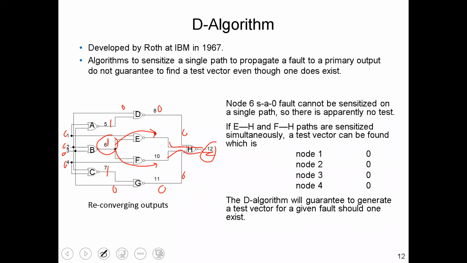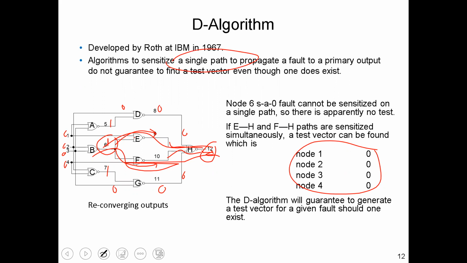So if we sensitize both paths from E to H to the output and from F to H to the output, so there are two paths for the fault information to propagate to the output. If we sensitize both of them simultaneously, we can observe this fault at the primary output. So you see a test vector does exist in this circuit. But this single path sensitization method cannot find the input test vector.